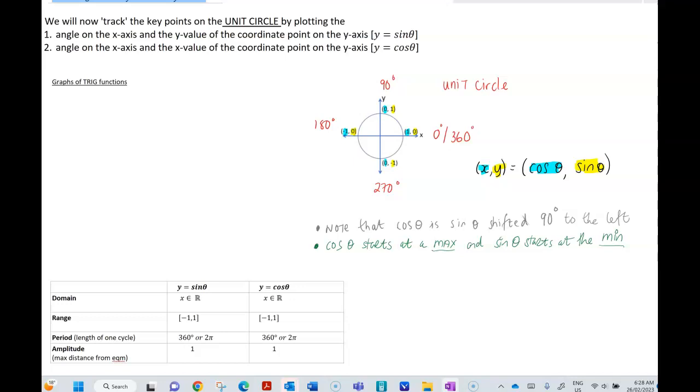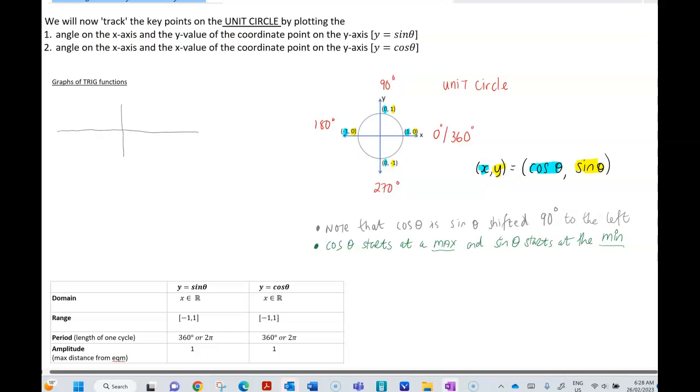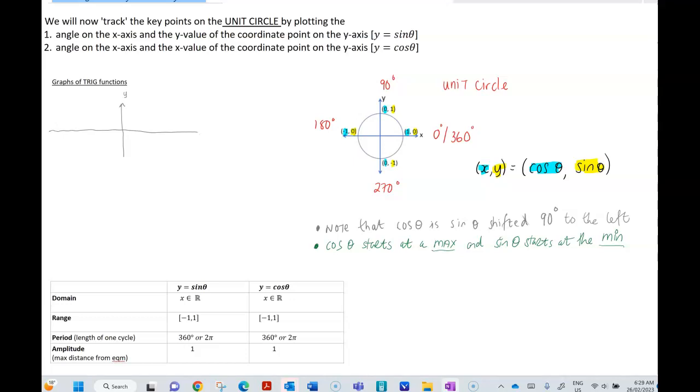And on the x-axis, we are going to plot the corresponding angle. So draw a little Cartesian plane, just a nice long x-axis there, and label it y and x. So make your x-axis long.